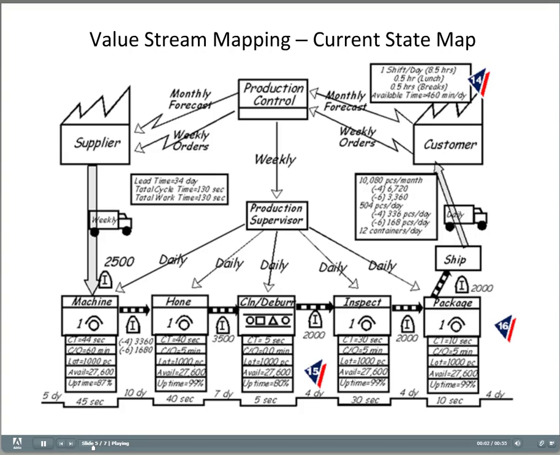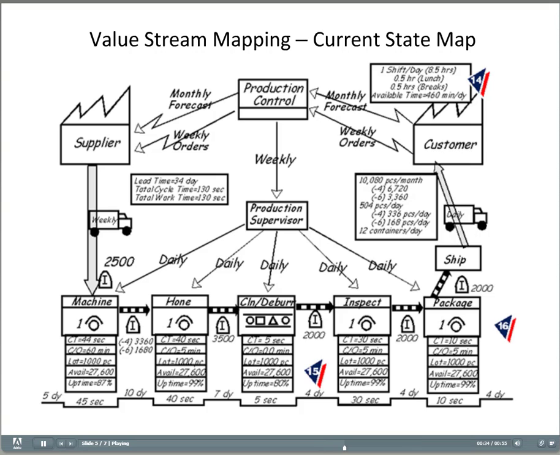Here's an example of a current state map. Along the bottom, it shows the various steps of the manufacturing process. They also identify the cycle times, setup times, lot sizes, uptime of the process, the time between the processes in terms of delays or waits, what the process times are.